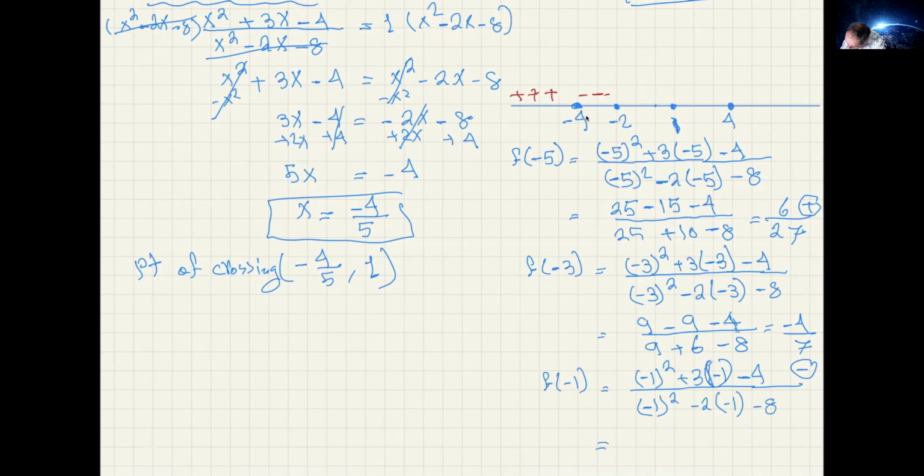So I have negative 1 squared is 1, minus 3 minus 4, over 1 plus 2 minus 8. So I have here negative 7 plus 1 is negative 6 over 3 minus 8 is negative 5, which is positive.